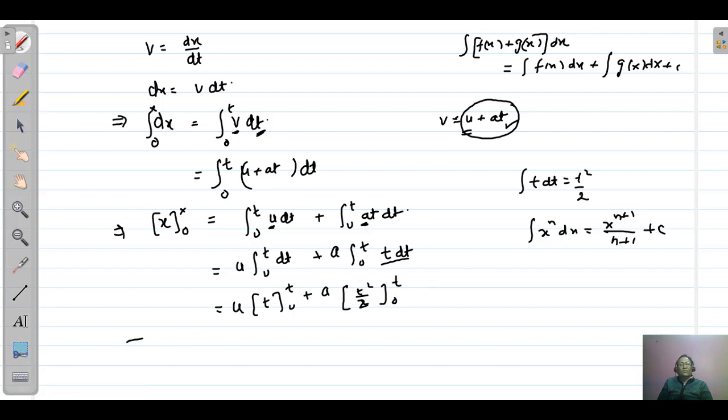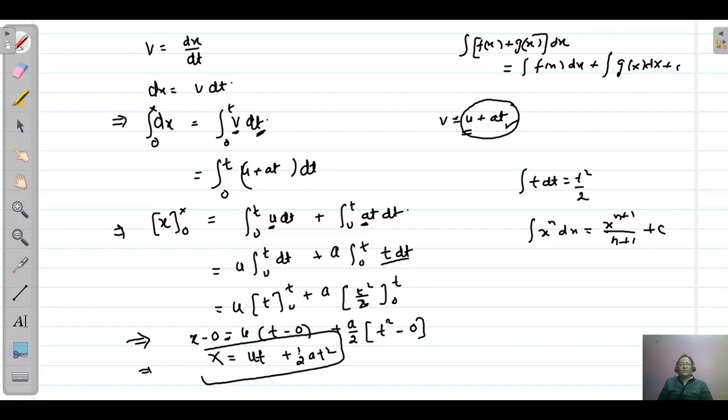Replacing upper limit minus lower limit, we get x minus 0 equals u(t minus 0) plus a times t square by 2, where the 2 is constant and can be taken out, and the t square limits give upper minus lower, which is 0. So finally we get x = ut + half at square. This is our second equation of motion.